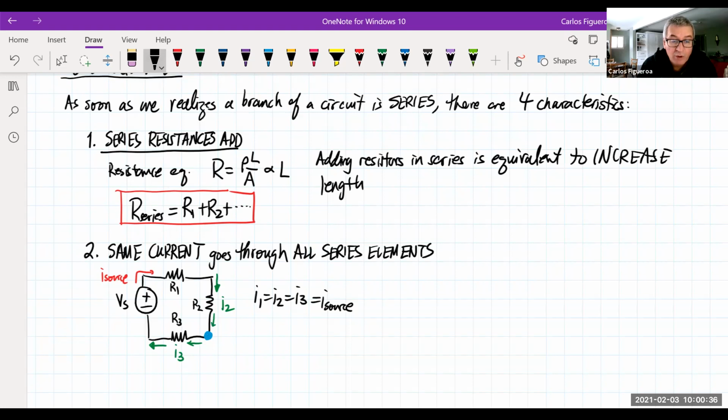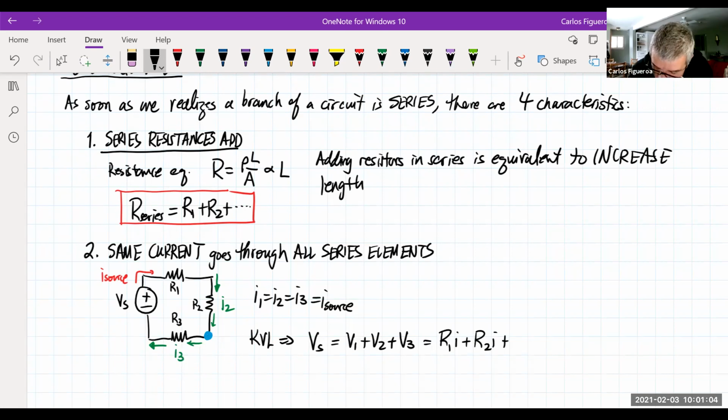If you now look at a series circuit, and I apply KVL, it tells me that the source voltage must be the combination of all of these. I could then write from Ohm's law, since the currents are all the same, I'll just call them I. And you can see that I can factor out the source current.